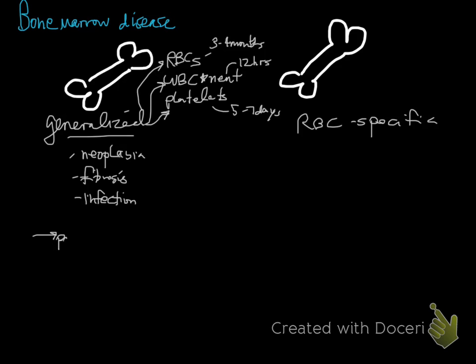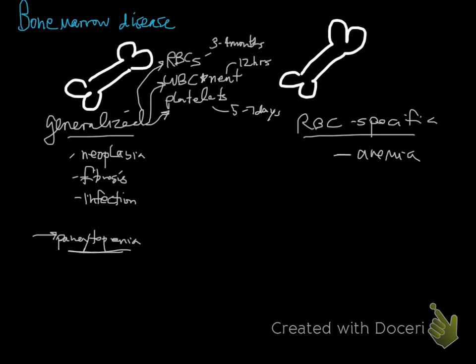So you expect to see what's called a pancytopenia, where all three lineages are decreased. Contrast that to red cell specific, where you only expect to see anemia. In both of these, the anemia can be very mild or very severe depending on when you see it. But it's usually a chronic anemia, at least for red cell specific. Pancytopenia may depend on when you catch it.